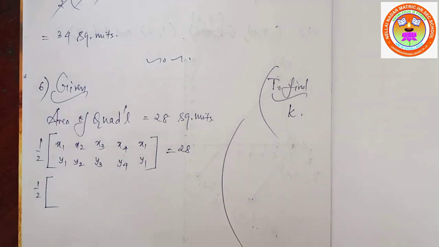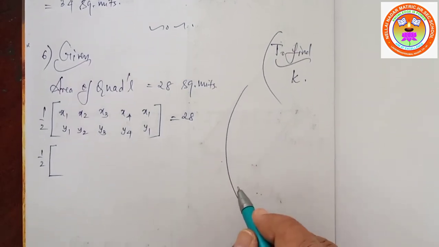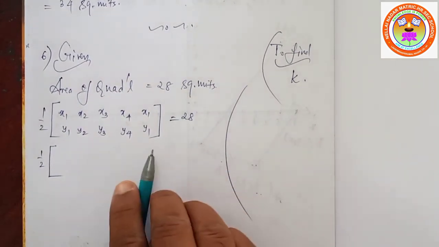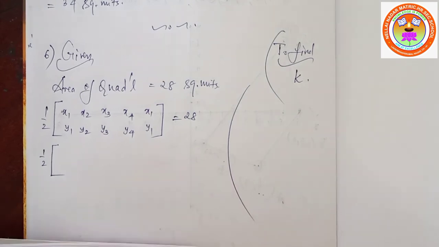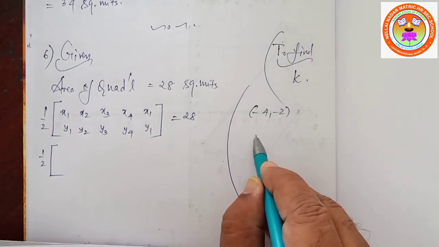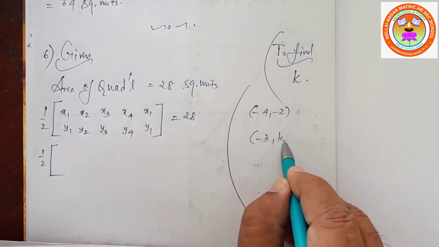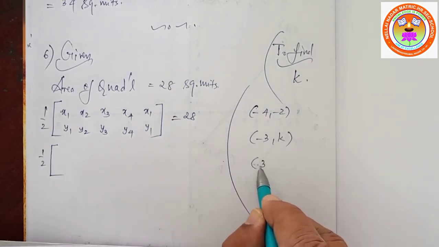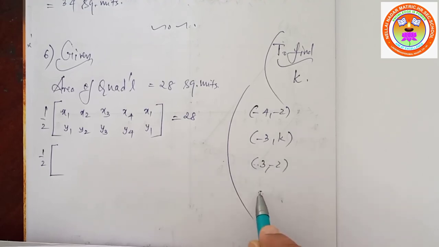The 4 vertices given, I consider them as the given points: minus 4, minus 2; minus 3 comma k; 3 comma minus 2; 2 comma 3.